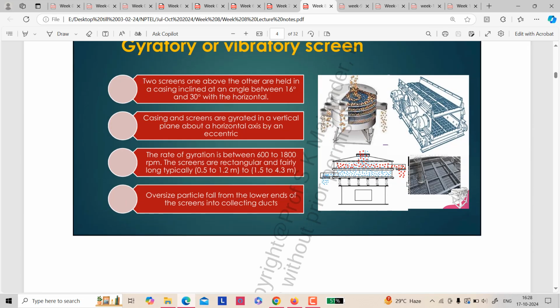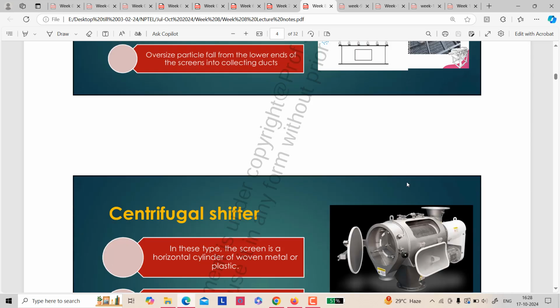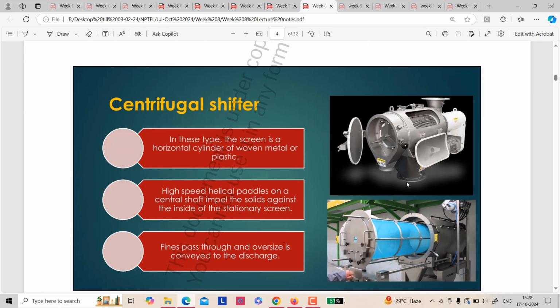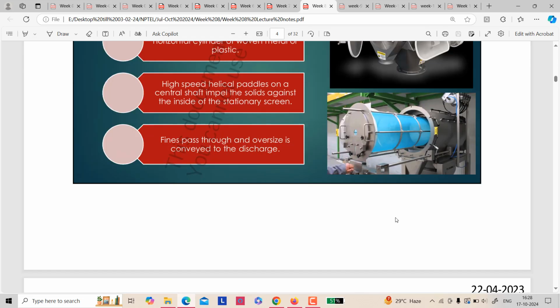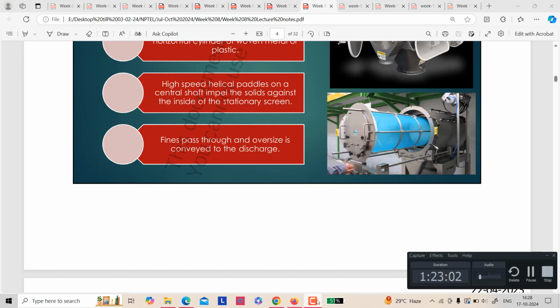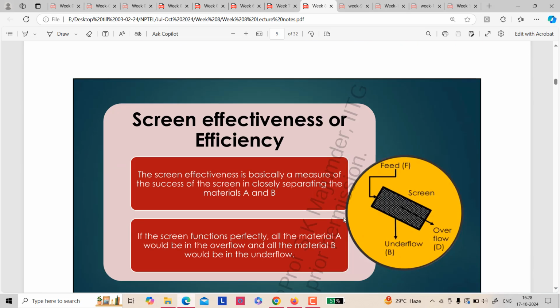These are different types of screens. This is a centrifugal sifter. This is the screen efficiency.